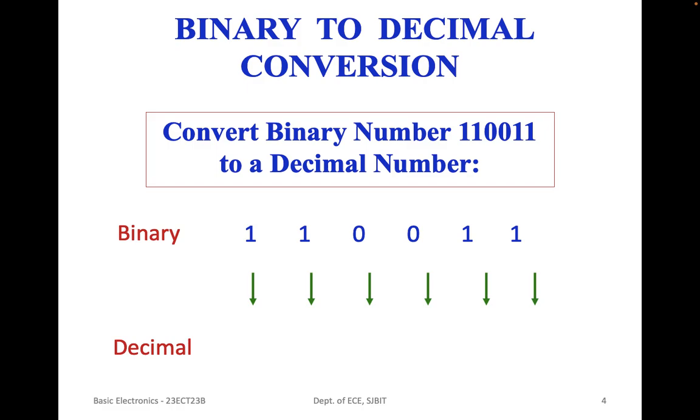There are different types of conversions in digital electronics. The conversions include binary to decimal, octal to decimal, hexadecimal to decimal, decimal to binary, octal to binary, hexadecimal to binary, decimal to octal, octal to hexadecimal, and binary to decimal representations of fractions.